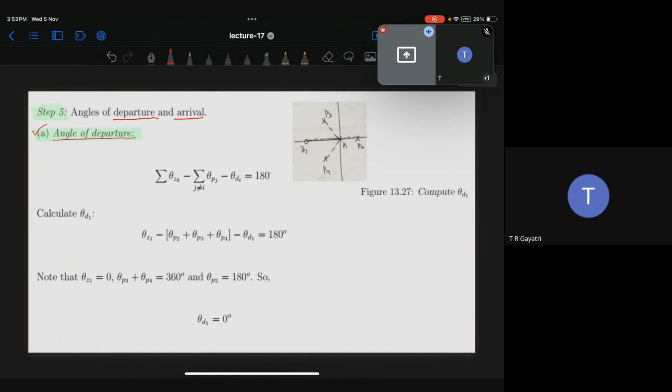So angle of departure means how a particular pole is departing from its initial location. Clear? So we will use this equation. What this equation says is: from that particular pole, the summation of all the zeros' angles, then that particular pole's angle, and the summation of all the poles' angles.